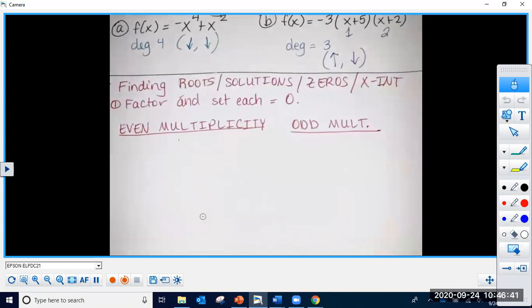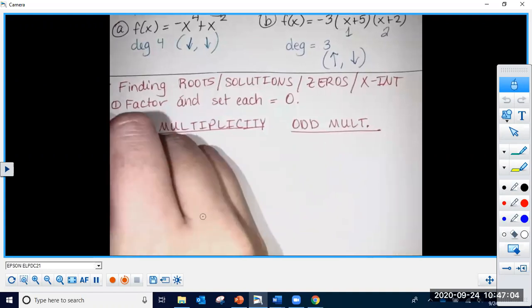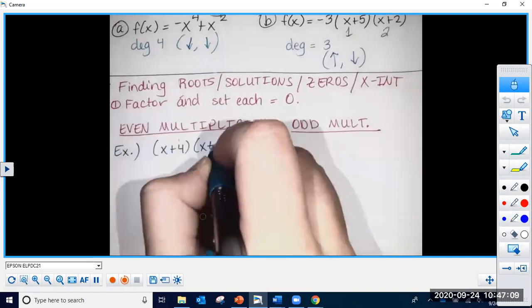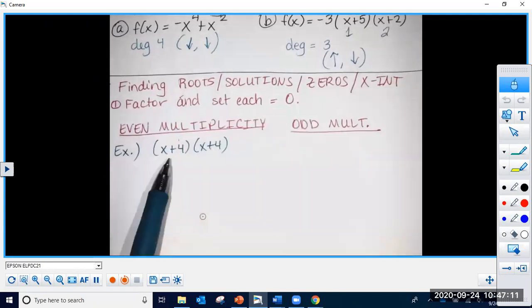Okay, when you find your x-intercepts or zeros, there's 2 possibilities. You can have an even multiplicity or an odd multiplicity. And all that means is how many times you see that particular factor. So for example, I'll show you what one looks like with an even multiplicity. If I factor something and I wind up with x plus 4 times x plus 4, I see that the same factor occurs how many times?